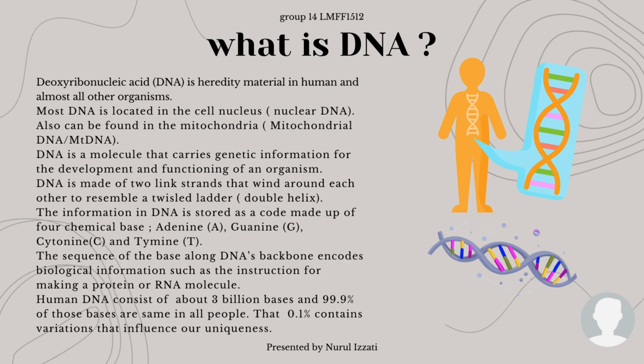Human DNA consists of about 3 billion bases, and 99.9% of those bases are similar in all people. That 0.1% contains variation that influences our uniqueness and determines our individuality, making us different from one another.